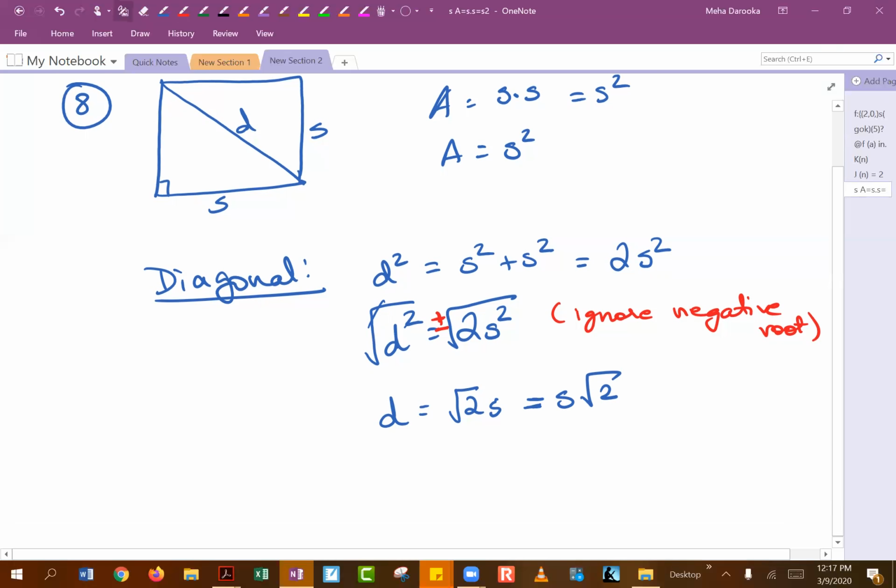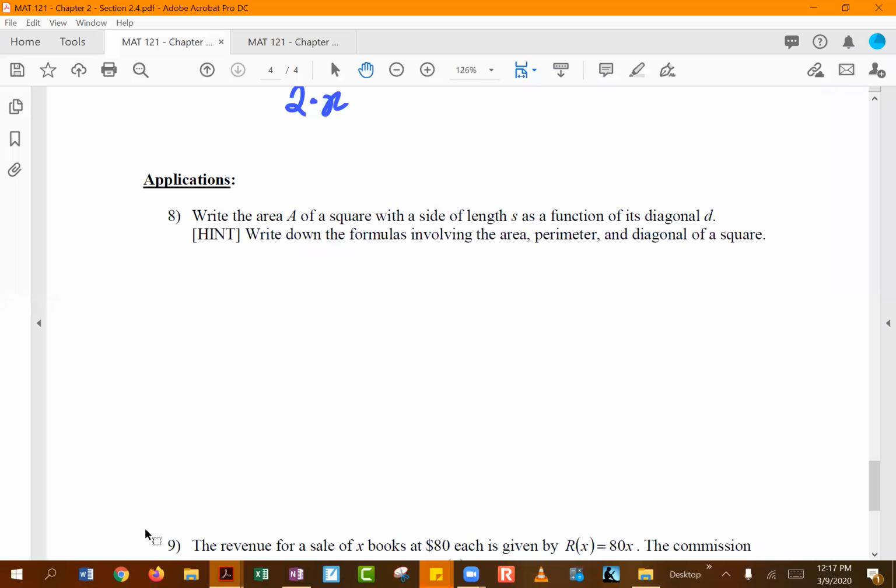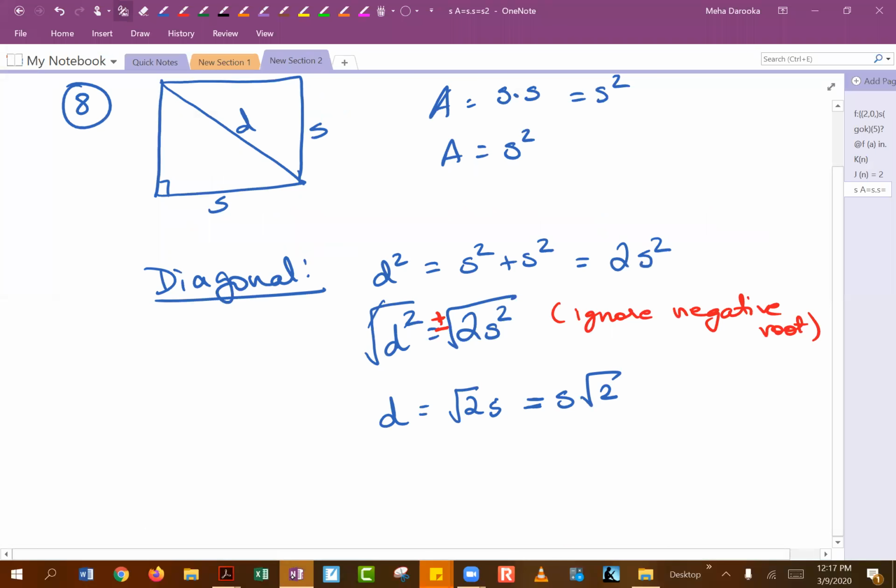So how do I translate it where they're asking us to write the area as a function of the diagonal, which means that instead of writing A in terms of s, they want us to write A in terms of d. Right now, area is defined as side times side, s squared.